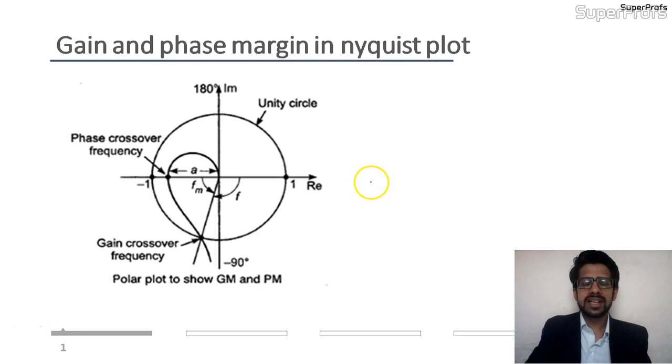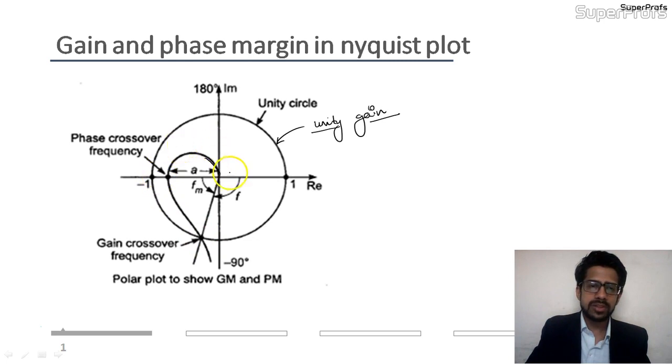Let us see graphically in the Nyquist plots how we can see gain and phase margin. Let us say this is the unity circle for unity gain. I would like my system in this particular region inside the unity gain. So for the frequencies from this point to this point, I have my gain less than 1.